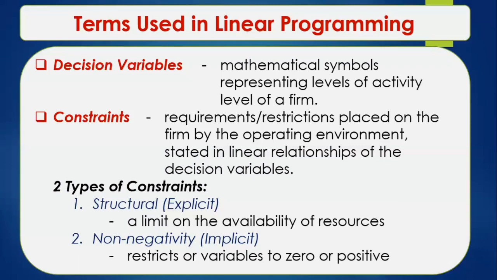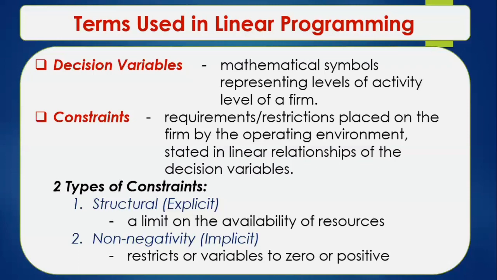Moving on, we have constraints. When we say constraints, these are requirements or restrictions placed on the firm by the operating environment, stated in the linear relationships of the decision variables. Now, there are two types of constraints. First, we have structural or explicit, and non-negativity, also known as the implicit constraint. When we say structural or explicit constraint, it refers to a limit on the availability of resources.